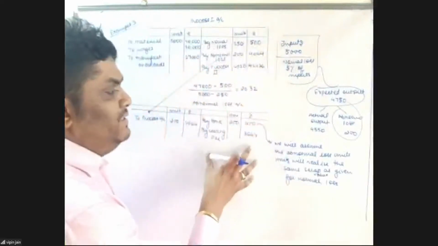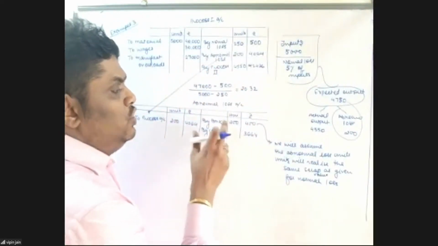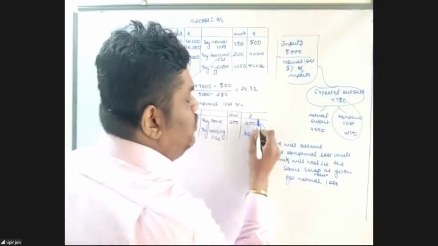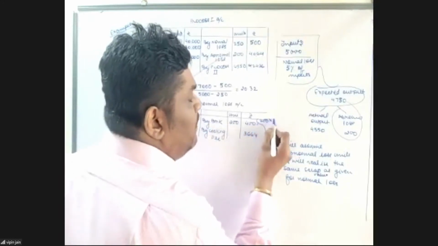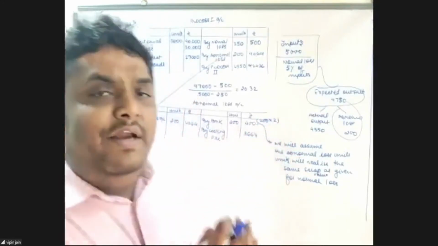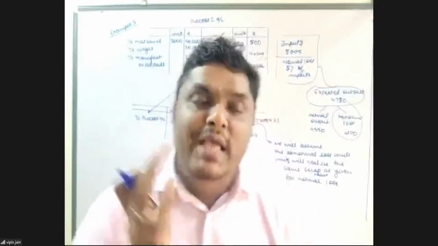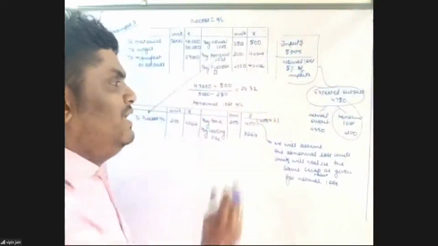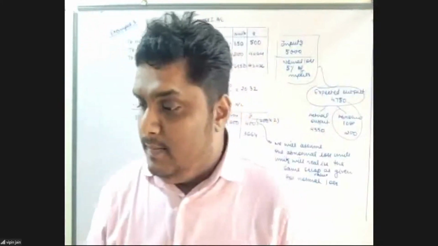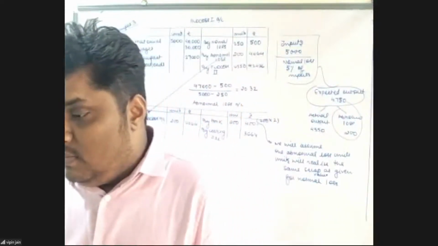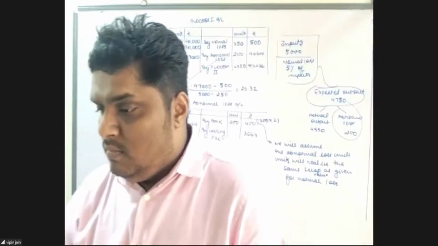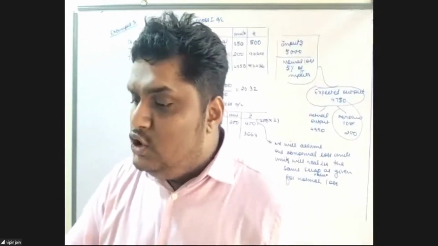So, assuming that these units are sold in the market, so 200 units into 2 rupees. So, we will realize 400 rupees on sale of these 200 units, and the balance amount is to be transferred to costing P&L.